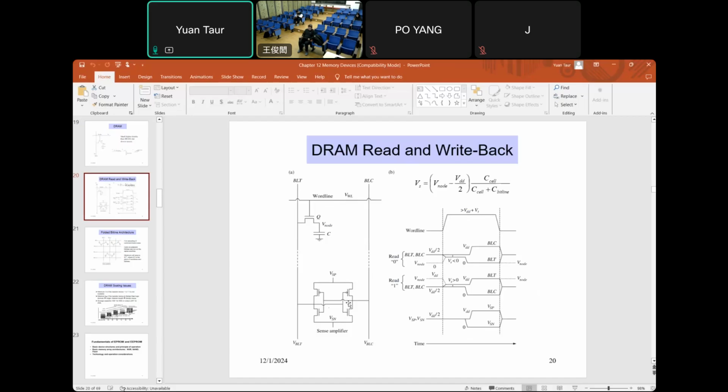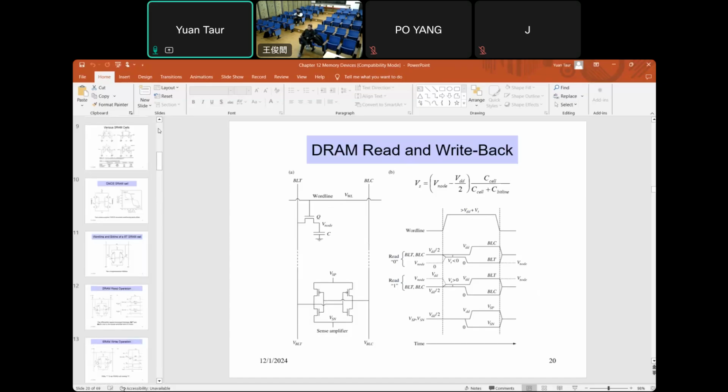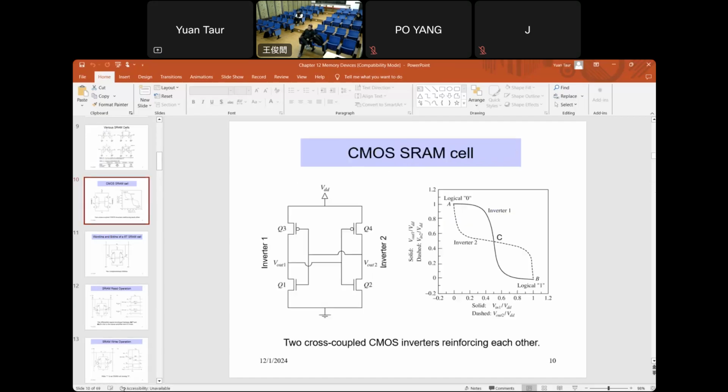Now we know that in this case, it's got 2 stable states. Let's go back to that situation here. Yeah. So it looks like this. There are 2 CMOS inverters back to back, and the power supply is connected to VDD and 0.